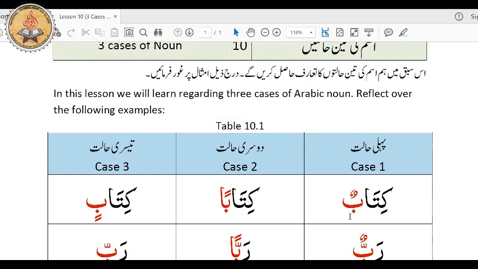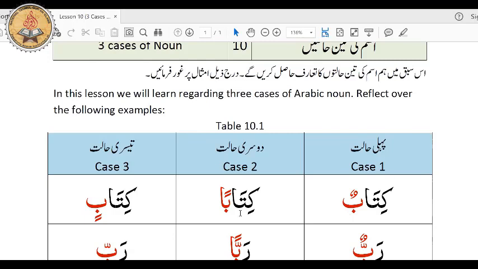I mean, the alif is added in writing. Either it is connected or sometimes it stands alone. It depends upon which letter is the last letter.